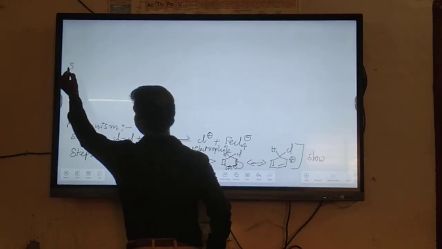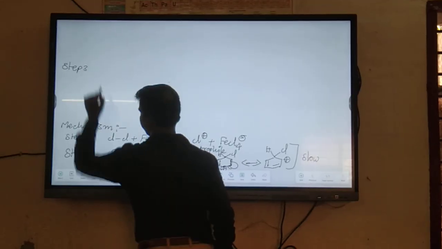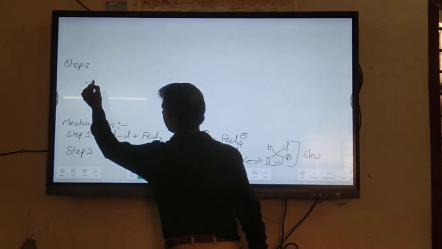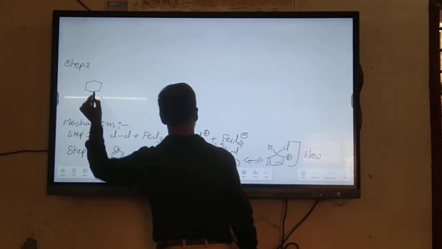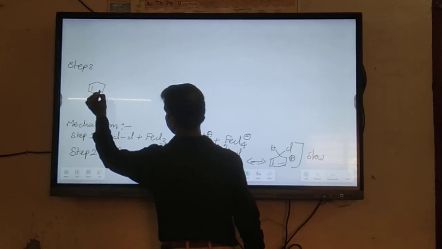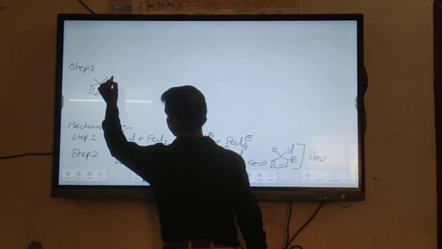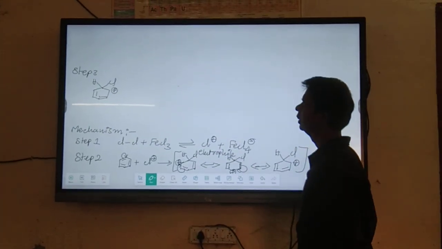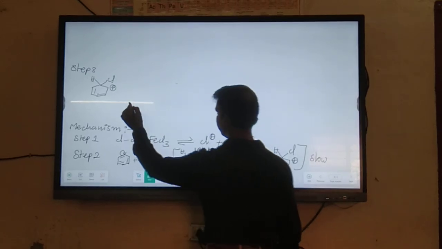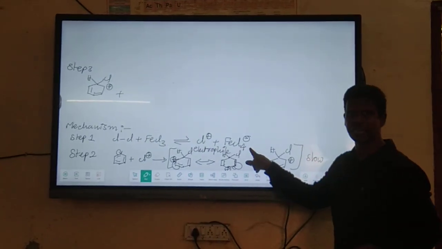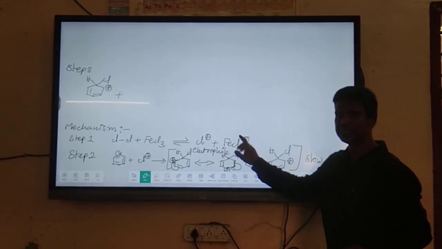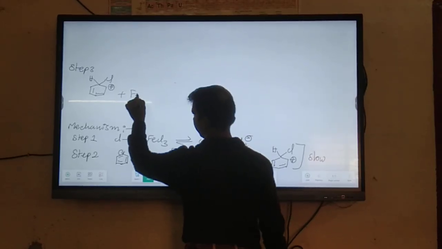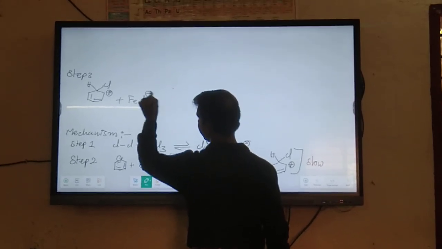The positive charge is here, and you have FeCl4 minus in the reaction medium.